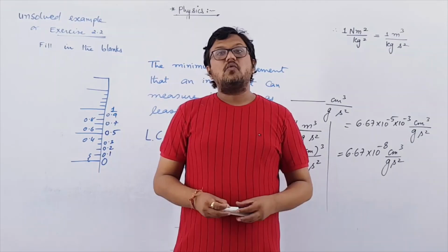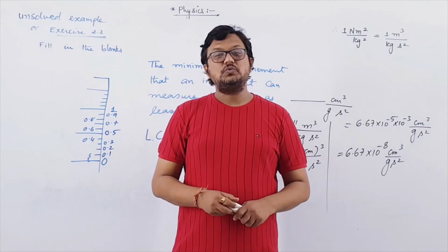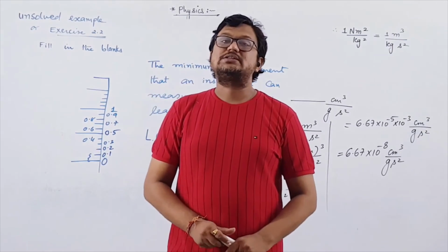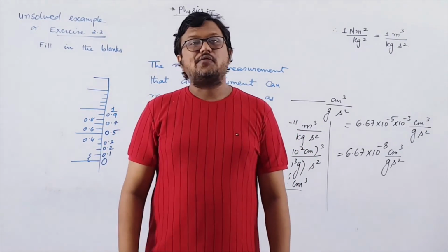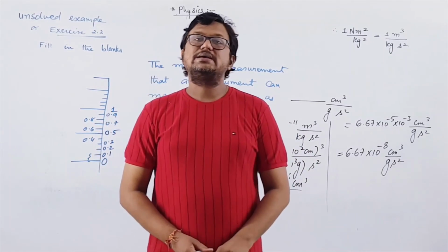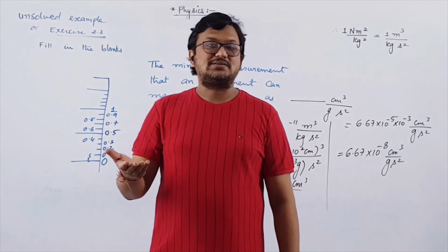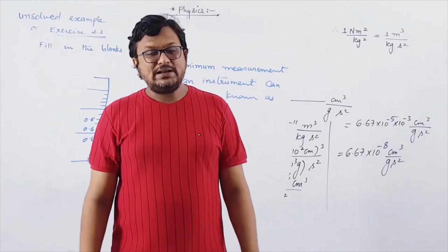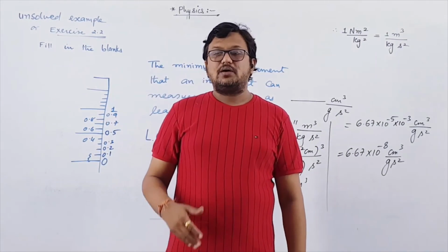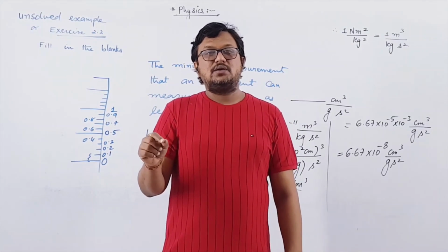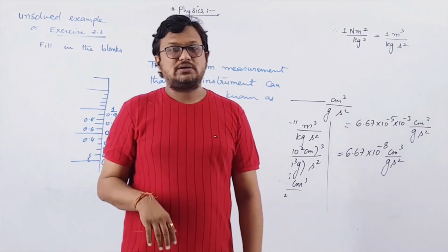But suppose you want to measure the distance between two cities, let us say we want to find the distance between Navsari and Surat, then of course we cannot take that measuring tape and run till Surat, right? So in that case, we use some indirect methods for measuring the distance between two cities. Suppose you note down the reading of your bike speedometer, and suppose the reading is 1000 kilometer.